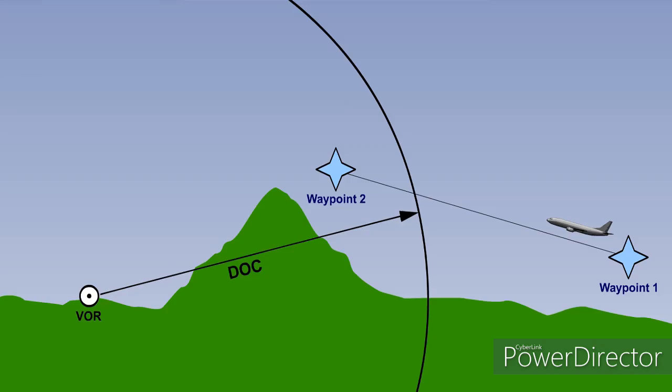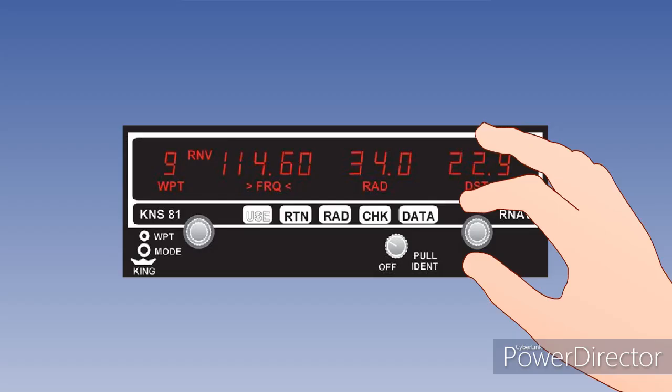VOR beacons have a designated operational coverage, so the waypoints chosen must be within the DOC. The pilot must ensure that the information is correctly entered into the CDU, and must then carefully check that it is correct, because the computer cannot recognize or rectify mistakes.